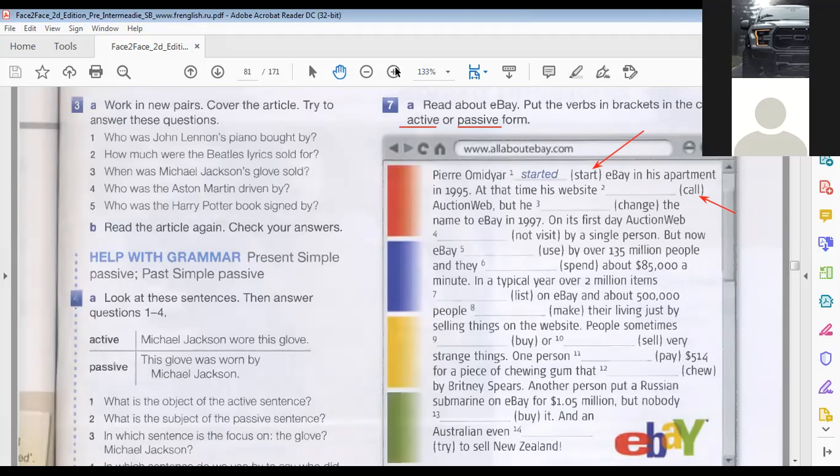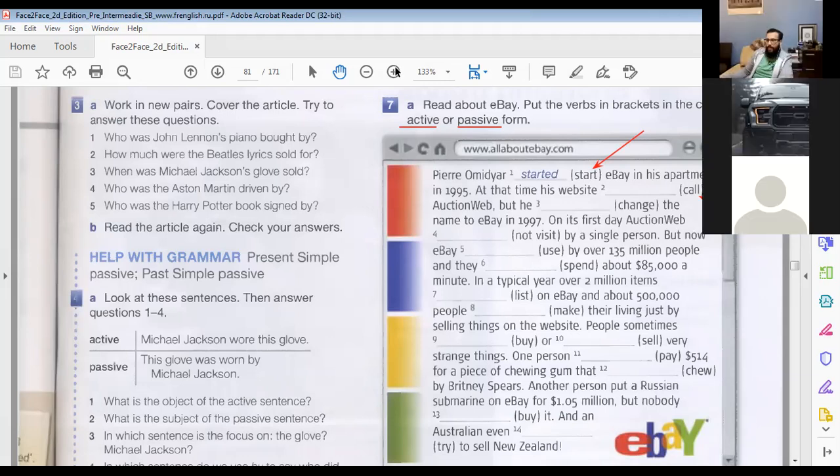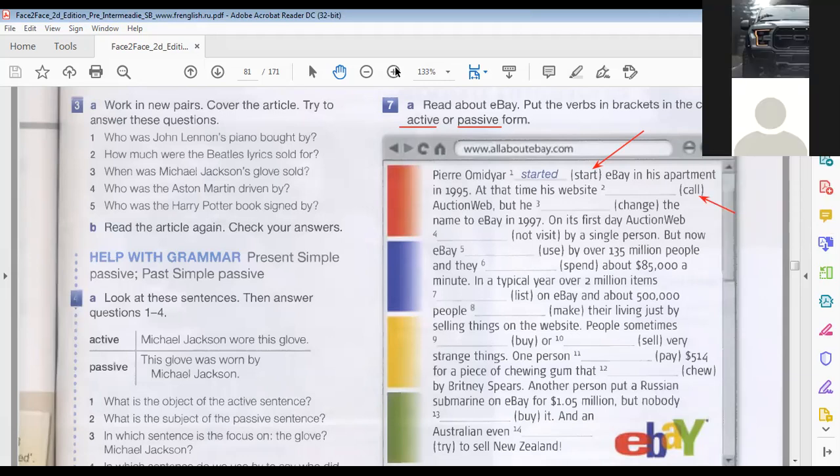Okay, has anyone finished? Have you finished, Samiha? Or not yet? Not yet. Okay. Salma finished? Okay, take your time.